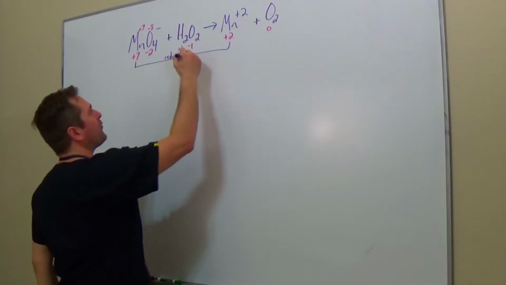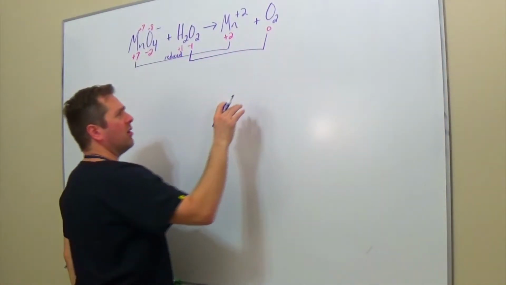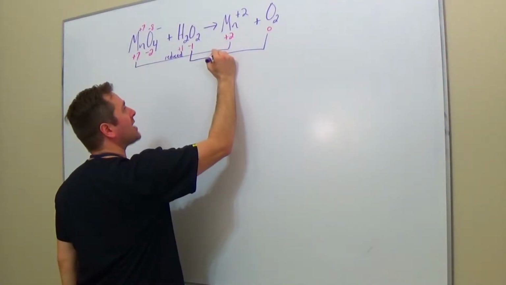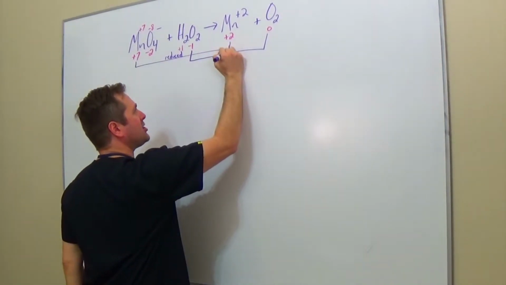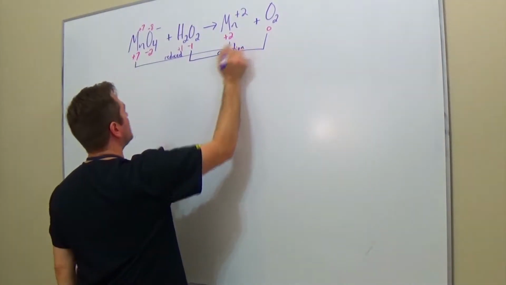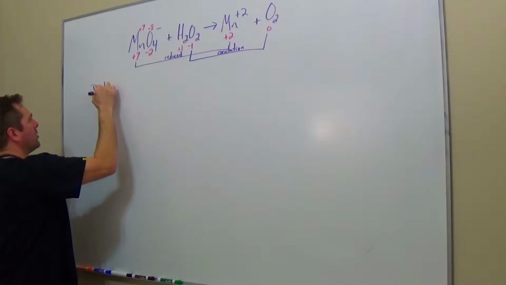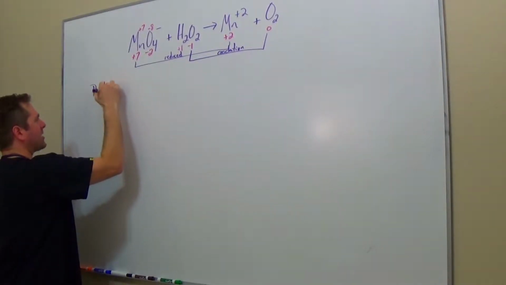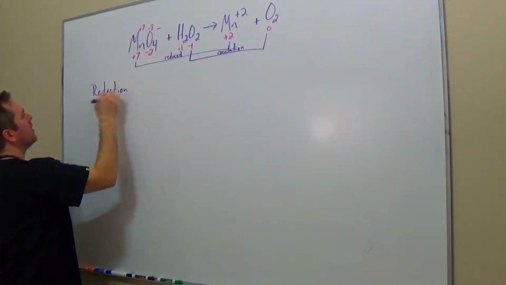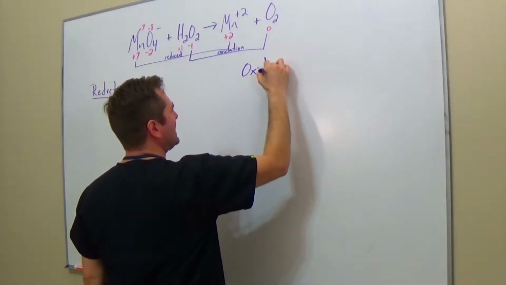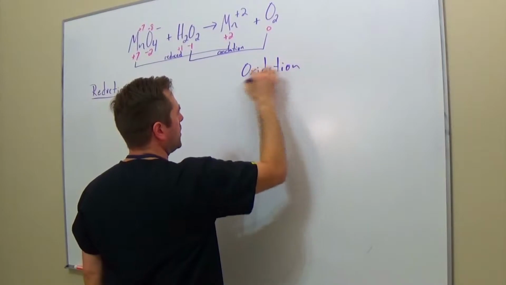So what happened? We go from -1 to 0. So electrons were stripped away. Therefore, it was oxidized. Oxidation occurred, okay? All right, so let's go for our reduction half reaction. Reduction, and over here we will do our oxidation when we get to it.